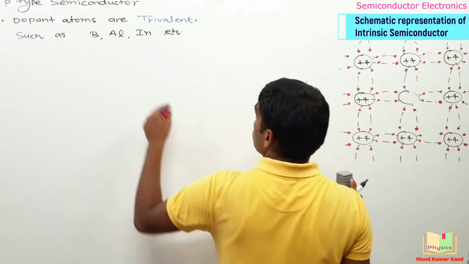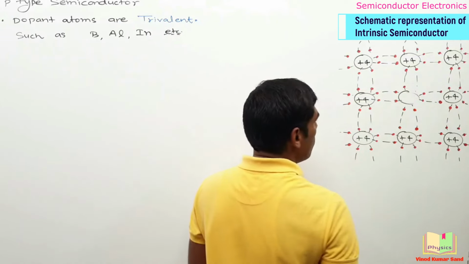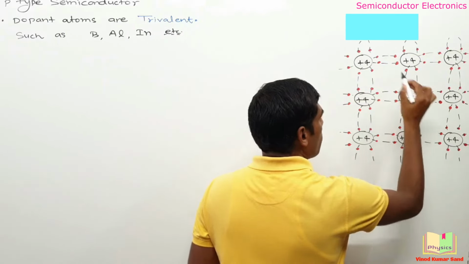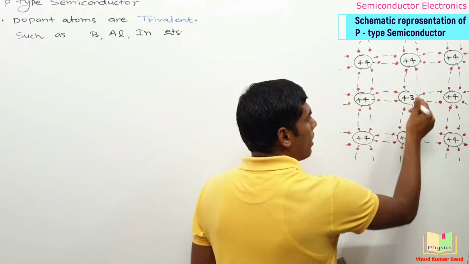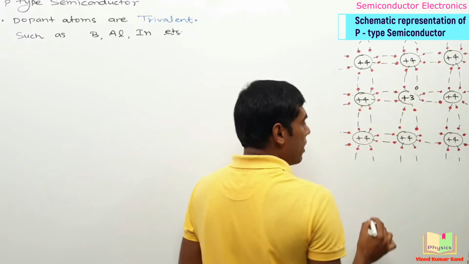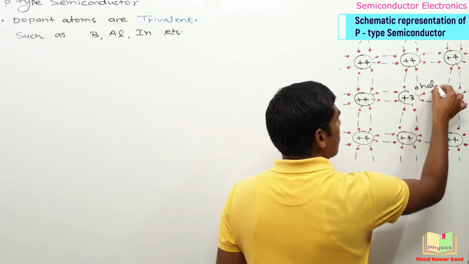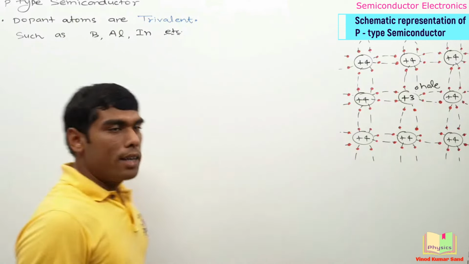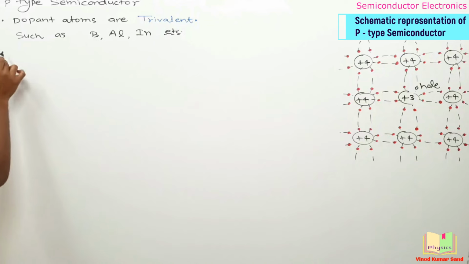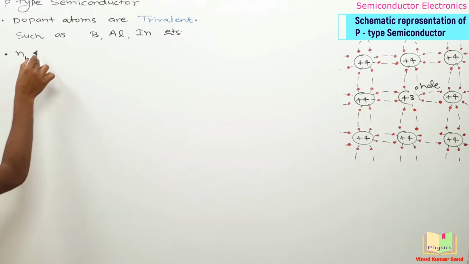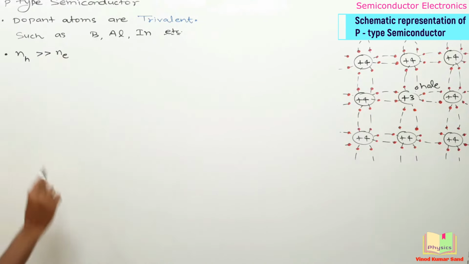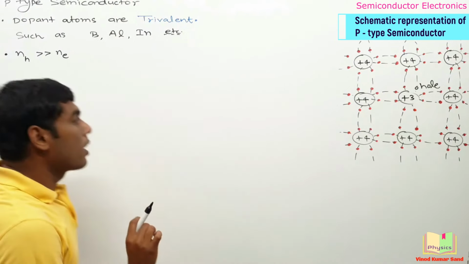The outer orbit of the boron atom has 3 electrons, so it will make 3 covalent bonds and one site will be vacant. This vacant site will create 1 extra hole. It means the number of holes here will be greater than the number of free electrons.